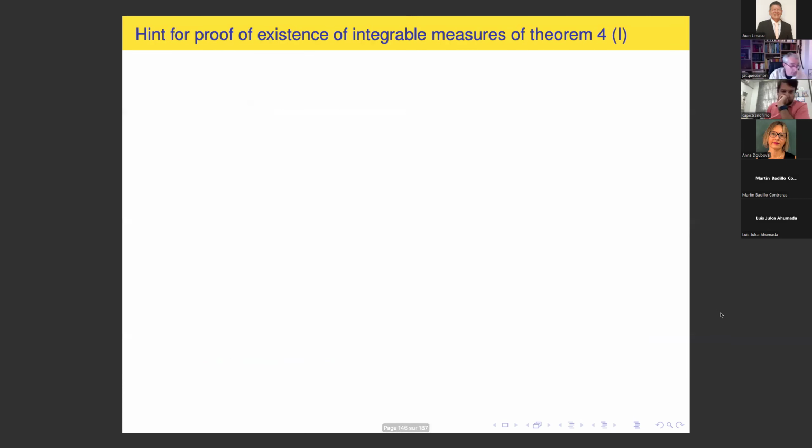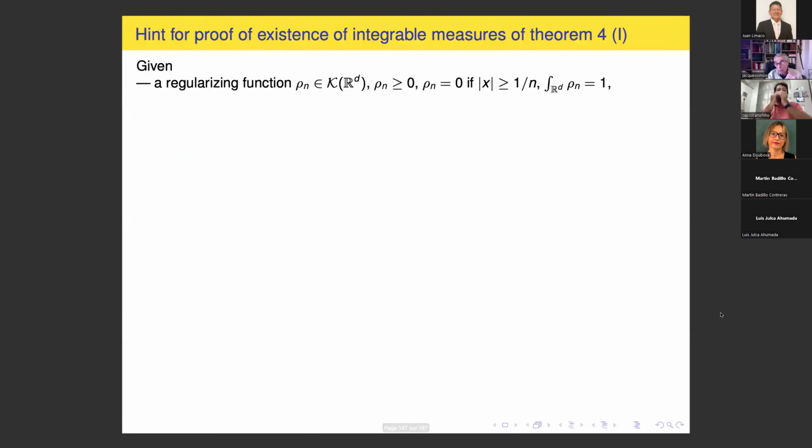So now I see if there is some time. Yes, maybe I will give you some hints that prove that the integral measure really exists. So we consider a regularizing sequence of functions rho n, which are supported in a small ball and of integral 1.